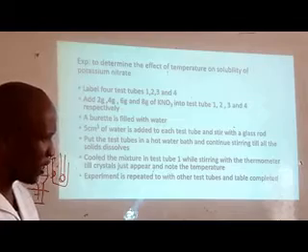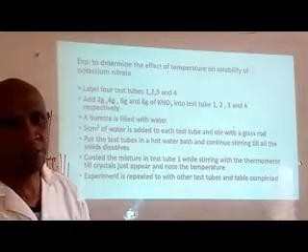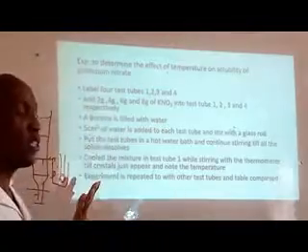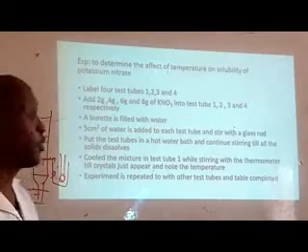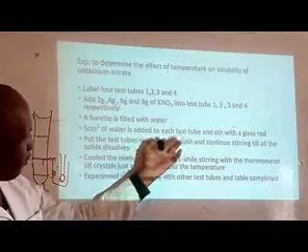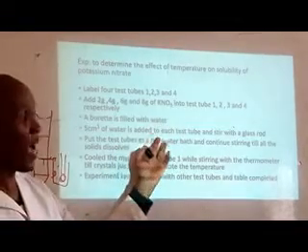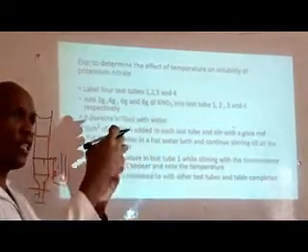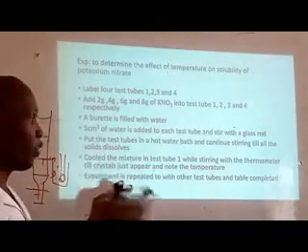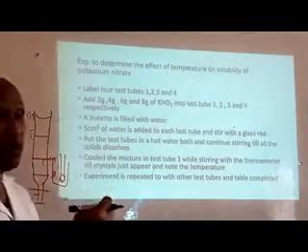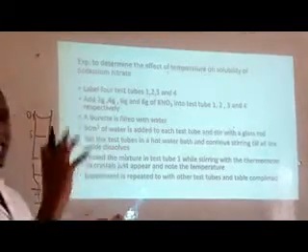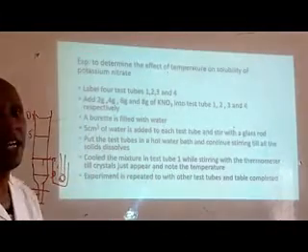Now you need to watch against overheating it, because the more you heat, the more you have to wait for it to crystallize. So once the solid in the test tube with the 5 cubic centimeters of water has dissolved, just remove it and then continue stirring with the thermometer until crystals just begin to form.